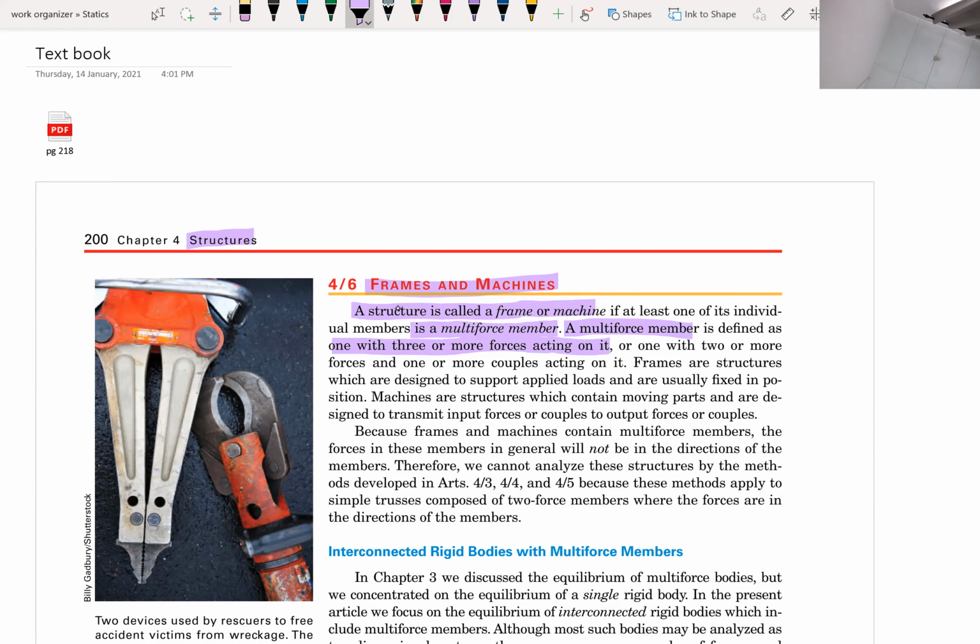So we look at frames first. Frames are structures which are designed to support applied loads and are usually fixed in position. Meanwhile, machines are structures that contain moving parts.